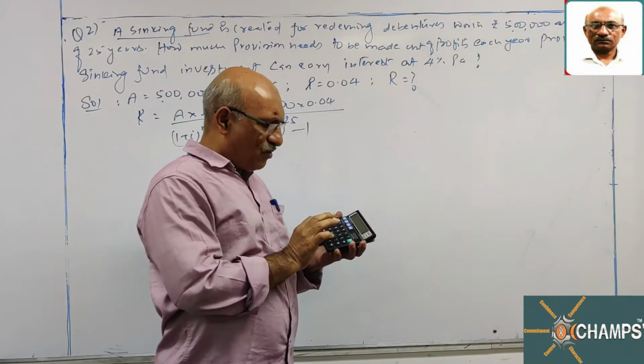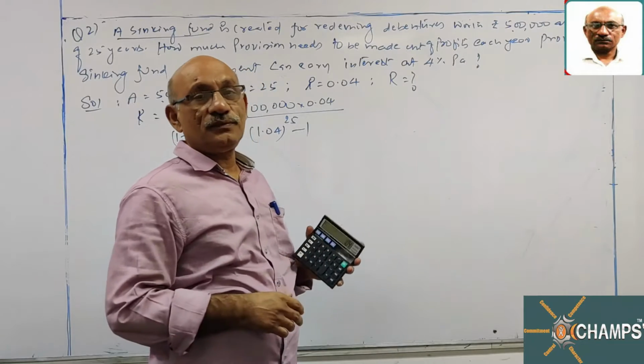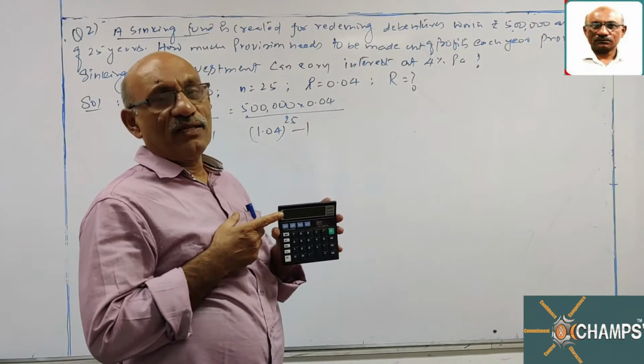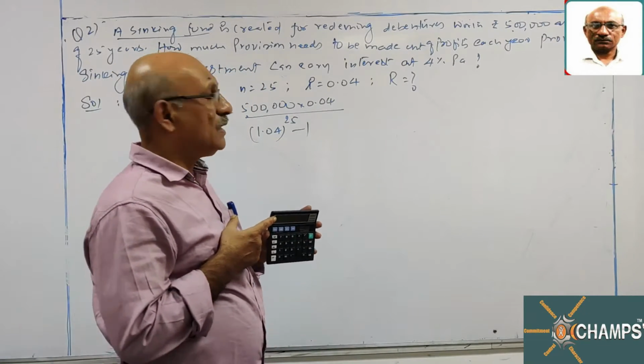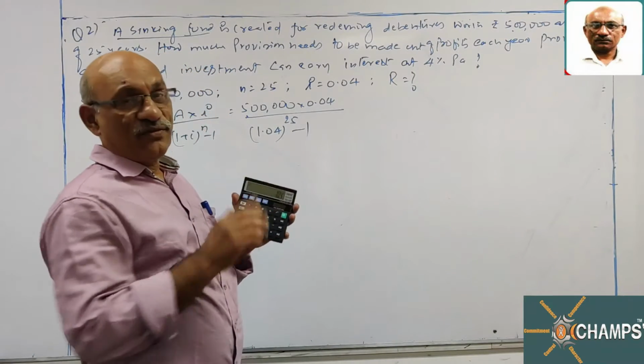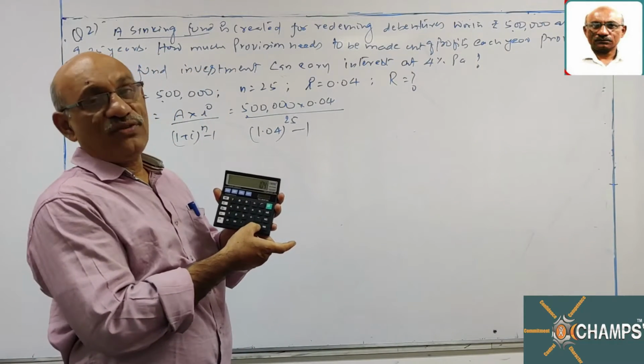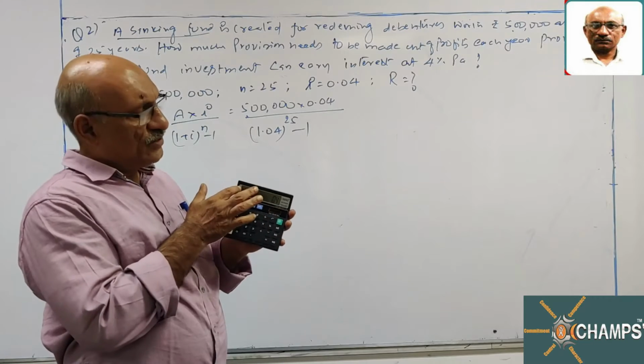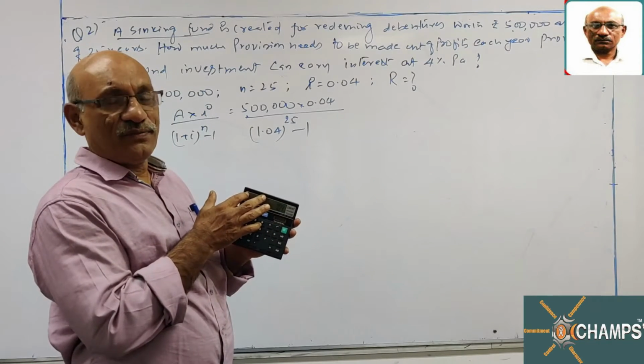Now 1.04 into, immediately you'll get 1 on the left hand side corner. Press the equal to sign till the left hand side corner number becomes 26.